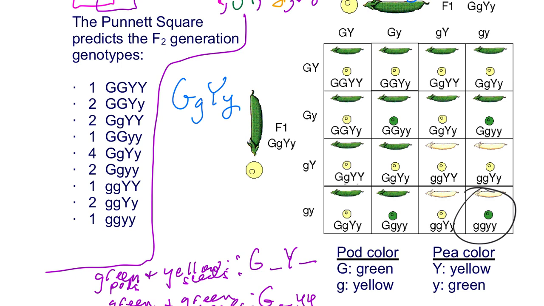And all the rest, and then you get 3 out of 16 with green pods and yellow seeds. And then you get 3 out of 16 being green pods and green seeds. You can count them all. I'm not going to do that.